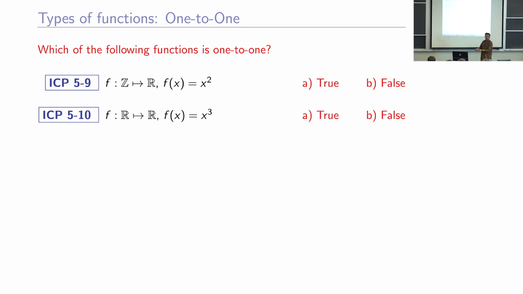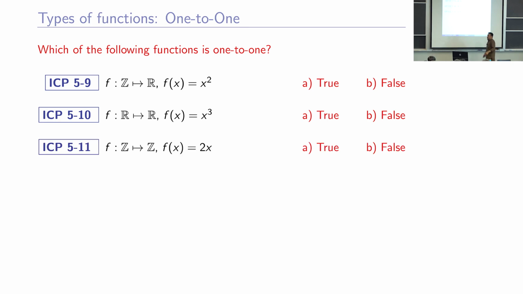What is f of x2? x2 cubed. If x1 cubed is equal to x2 cubed, take the cube root of both sides, and you get that x1 is equal to x2. So whenever f of x1 is equal to f of x2, that implies x1 is also equal to x2, and that is the definition of a one-to-one function.